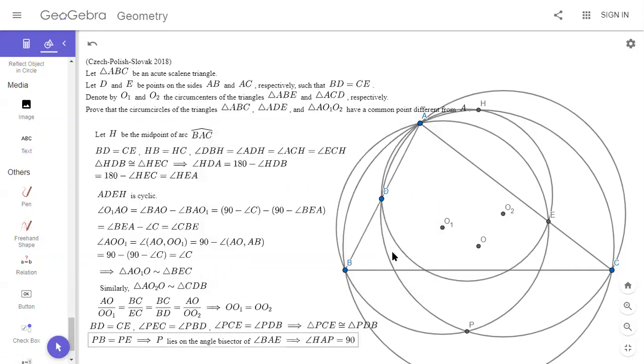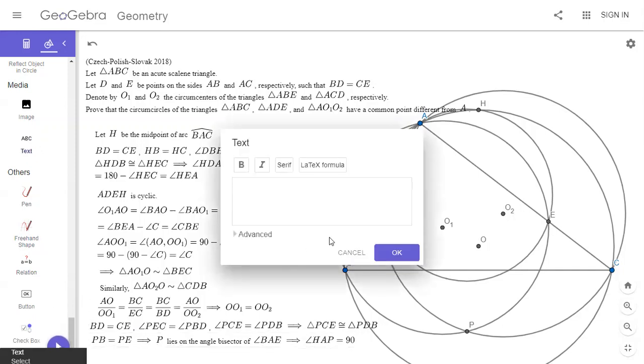Once we know HAP is 90, since we also know that the angle between O1O2 and AP is 90, that means that AH is parallel to O1O2.